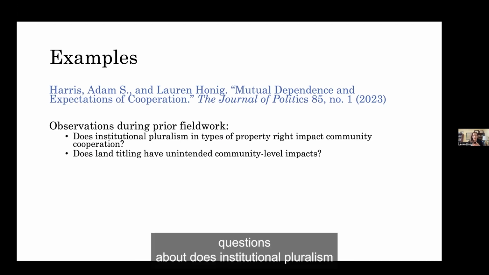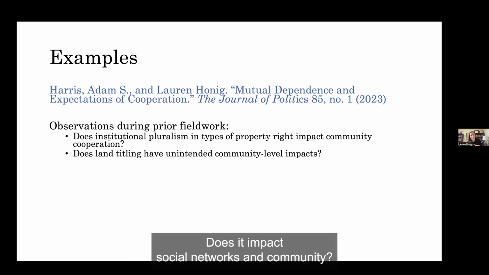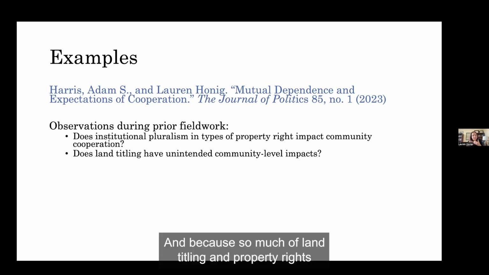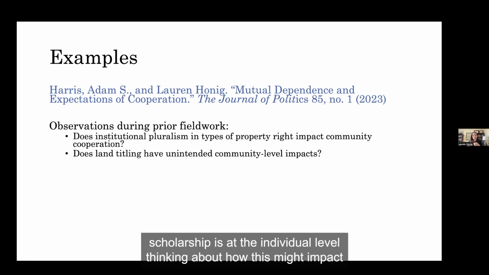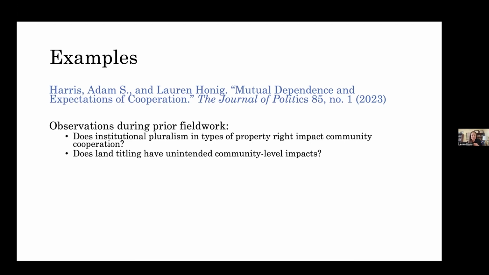Questions about, does institutional pluralism in the types of property rights that people use in a community impact community cooperation? Does it impact social networks in community? Does it have different community level impacts? And because so much of land titling and property rights scholarship is at the individual level, thinking about how this might impact an individual's incentives to invest, for example, that's a big one.